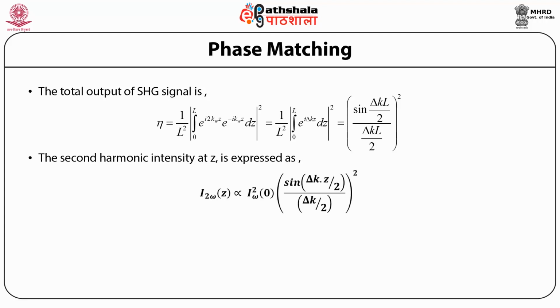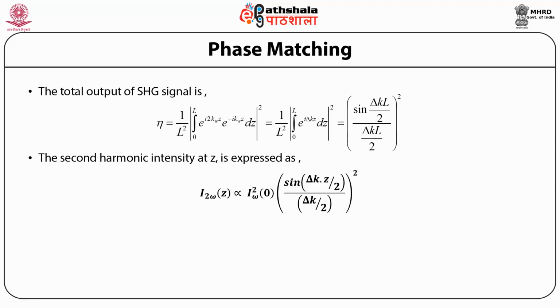And the second harmonic intensity at z can be expressed as I 2 omega, the function of z, is directly proportional to I omega square 0 multiplied by sine of (delta k z divided by 2) whole divided by (delta k z by 2) whole square, where I omega 0 is the incident intensity.